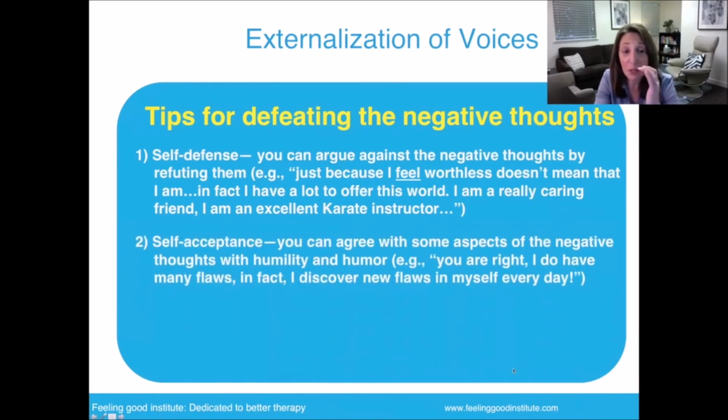We can also do the complete opposite. That's called self-acceptance. Instead of defending, instead of arguing against the validity of the negative thought, you can actually agree with some aspects of the negative thought with some humility and humor. If the patient says, you're worthless, I could think, you're right. I mean, I do have a lot of flaws.